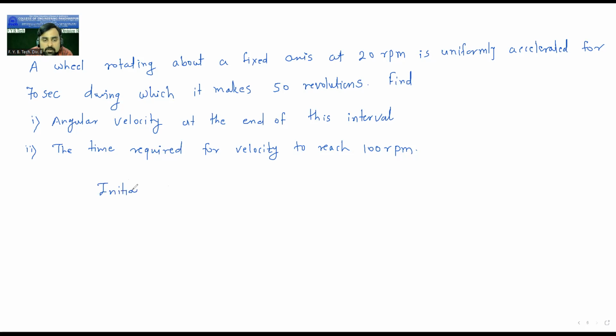So the initial angular velocity, omega naught, is equal to 2 pi n divided by 60.